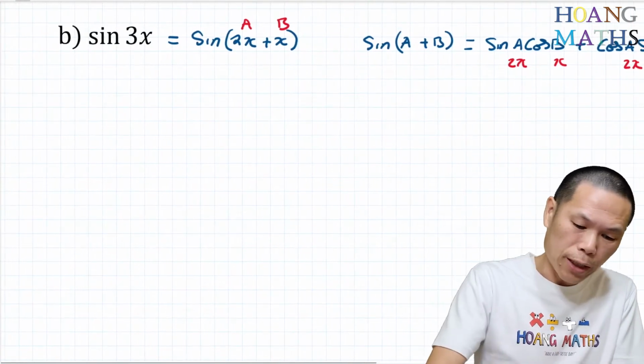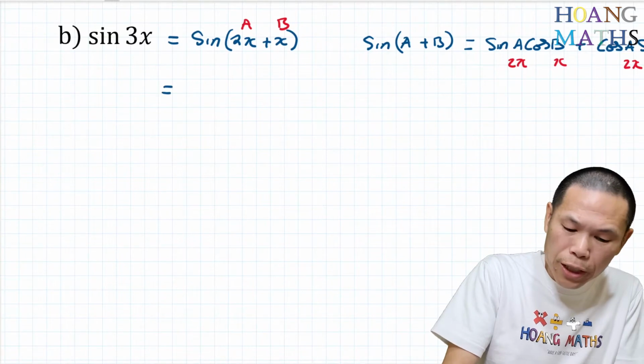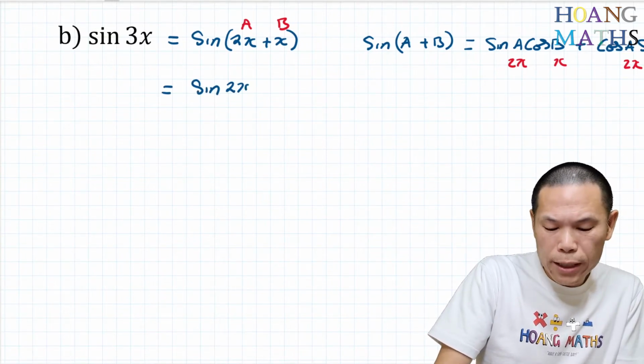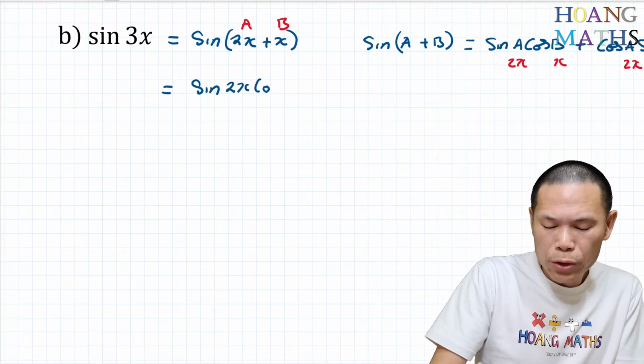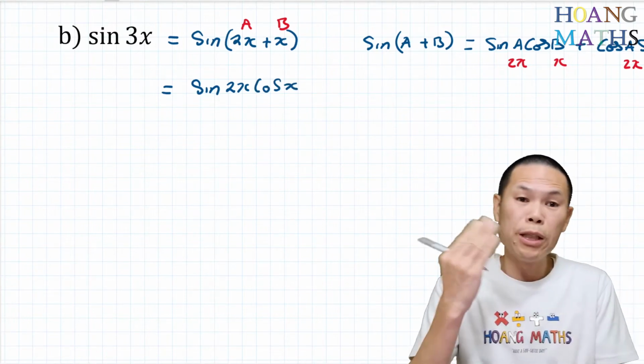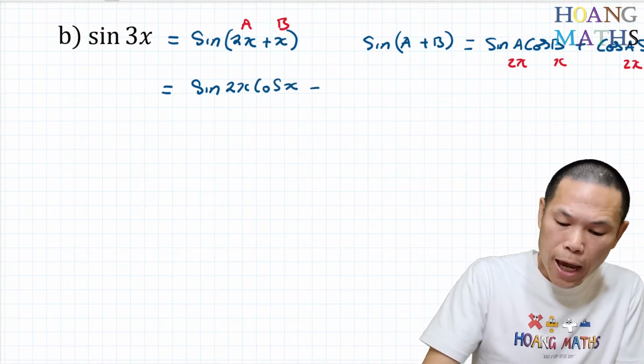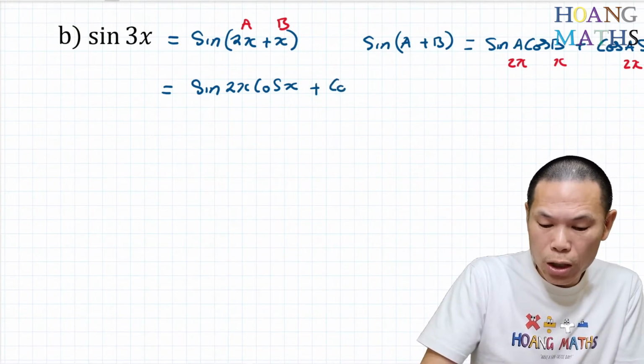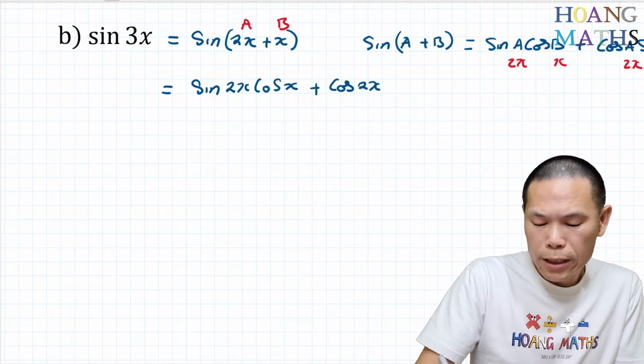So let me just write this down. That would give me sine of a, that is 2x, times cos of b, which is x, because b is equal to x. Then we add cos of a, so a is 2x, so that is cos of 2x times sine of b, which is x.